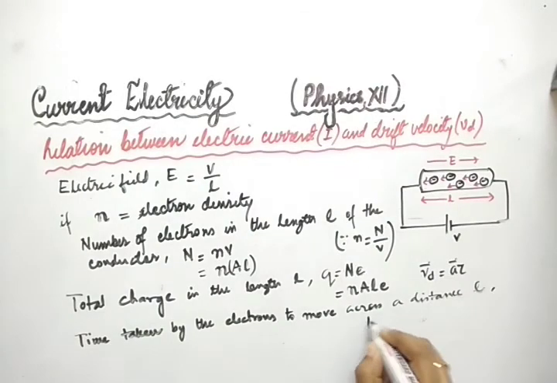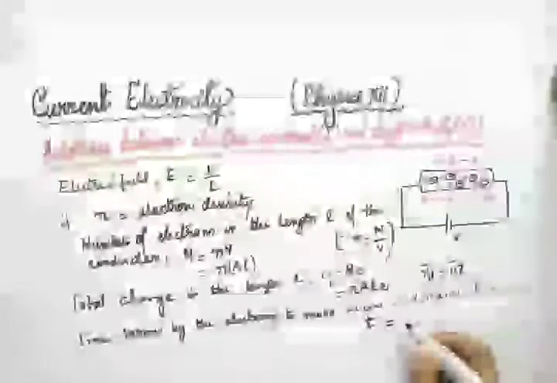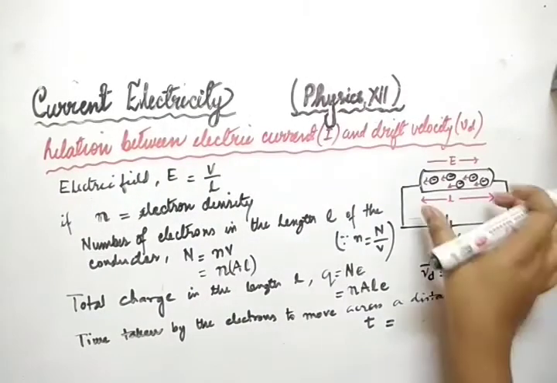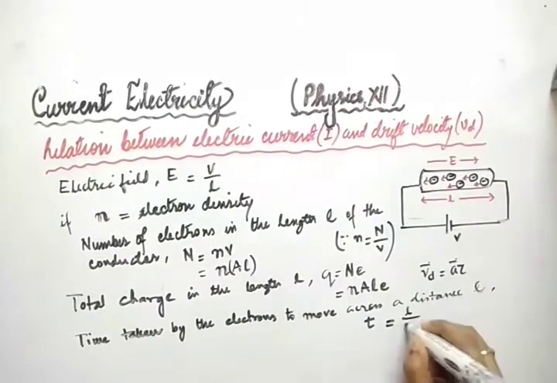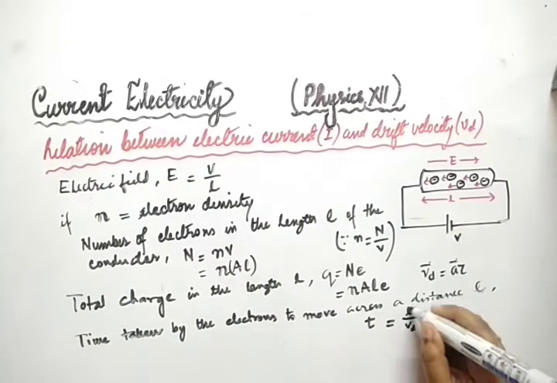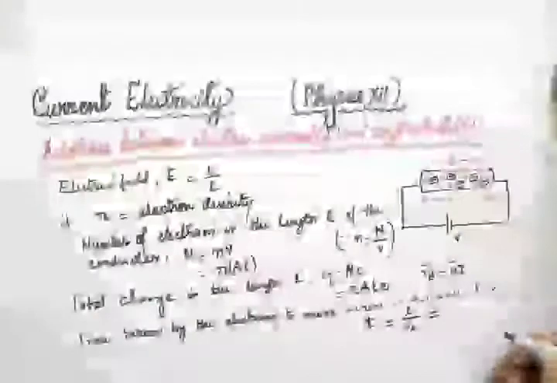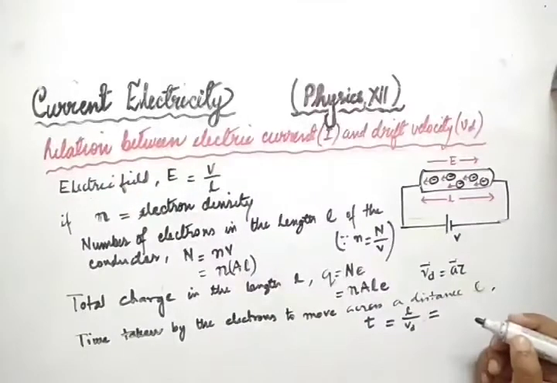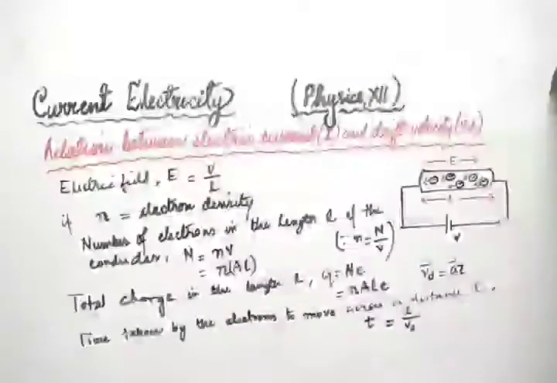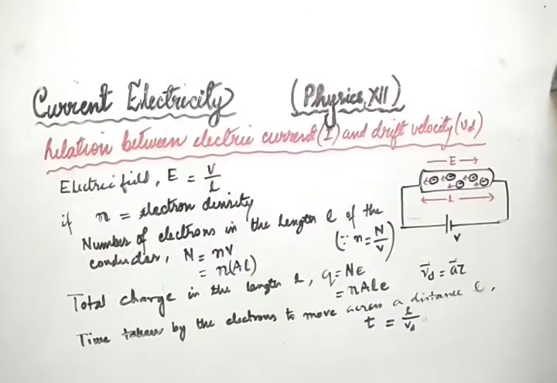Let us write T equals, we know time equals distance by speed. Here distance is L, and speed is the drift velocity of electrons. So T equals L by V subscript d. You can pause it and write it down.